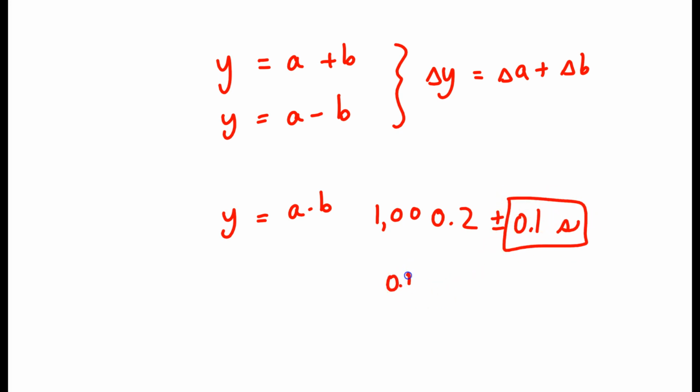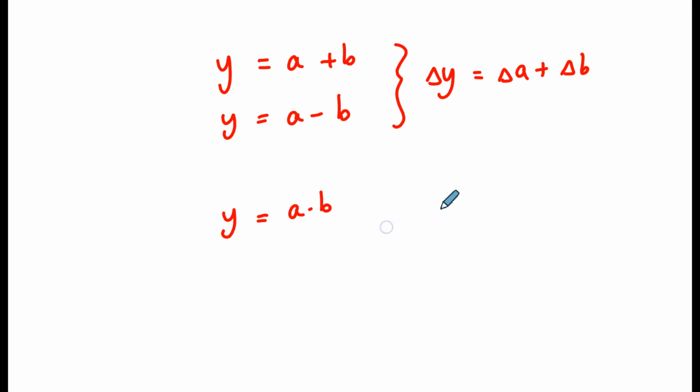Sometimes we have to take the absolute uncertainty and divide by the measurement. And then we can see, is the uncertainty large or small relatively? We call this the relative uncertainty, or the fractional uncertainty, or the percentage uncertainty. So here's how we write it.